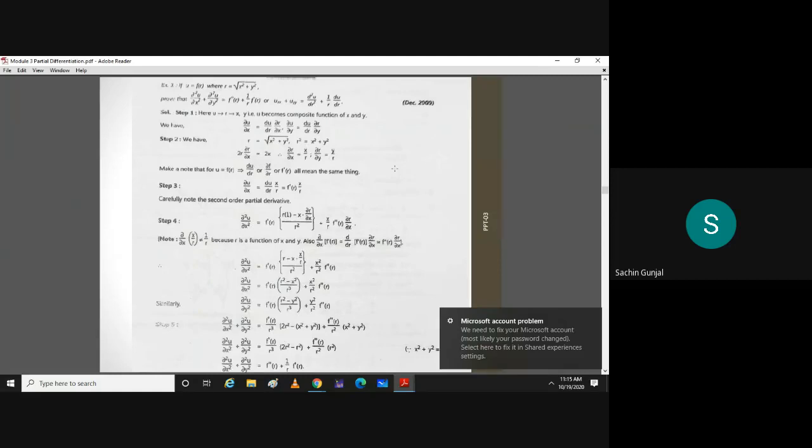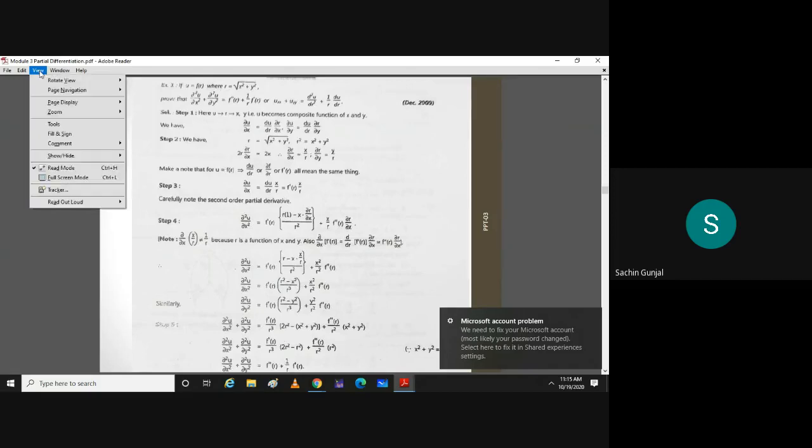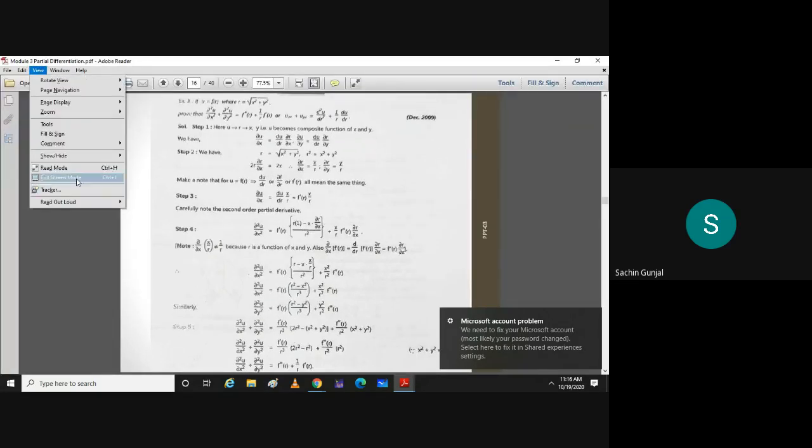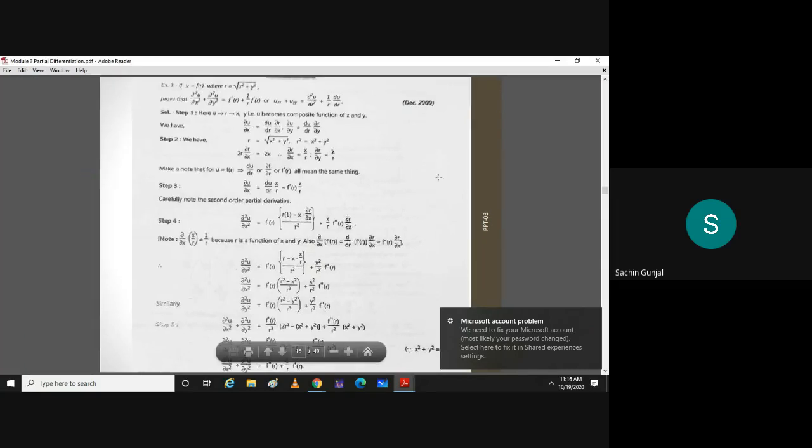Let us go to this problem where u is a function of r only. Can you see it properly? Yes, sir. All right. So write down, you can do with me. u is a function of r.